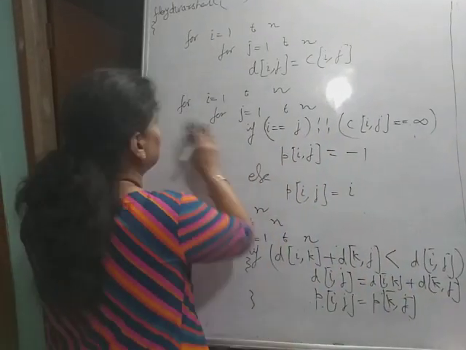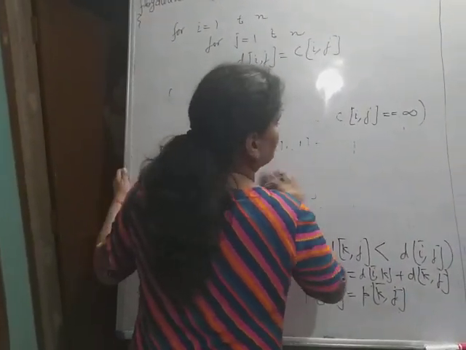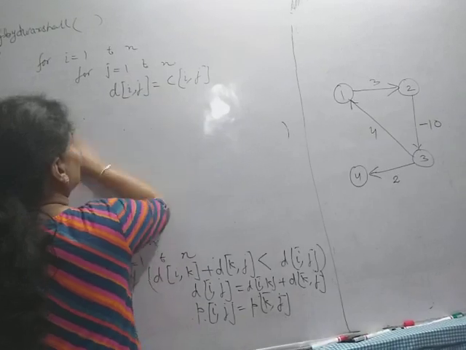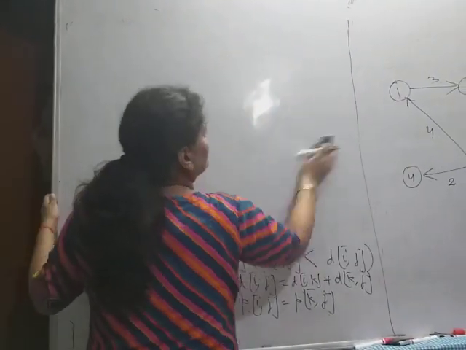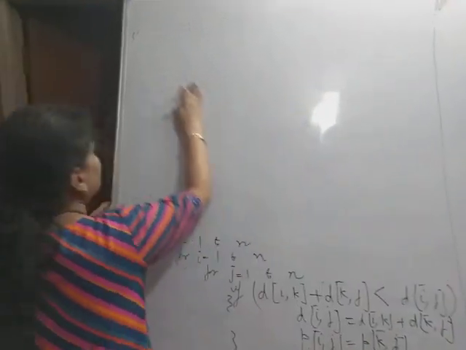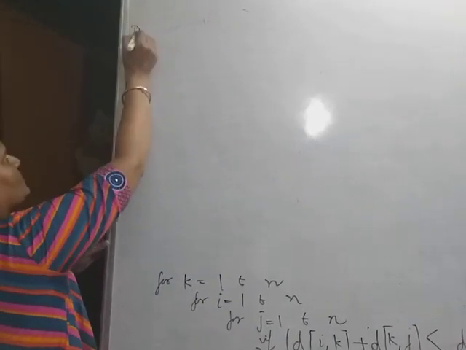So for this graph, I will show that the Floyd-Warshall algorithm does not work properly. First I will take D0.